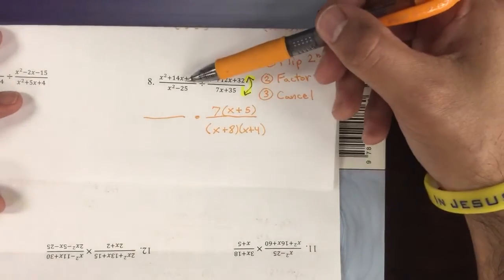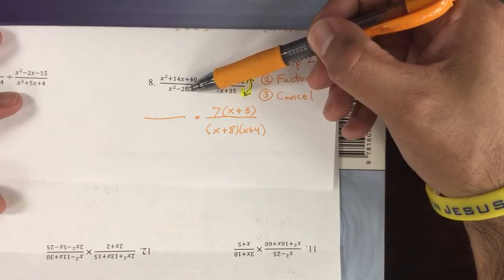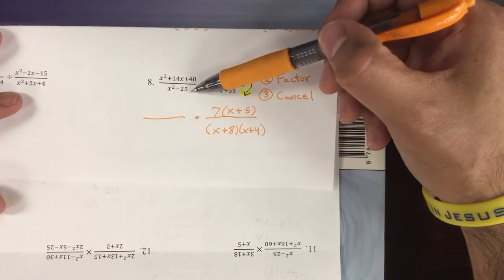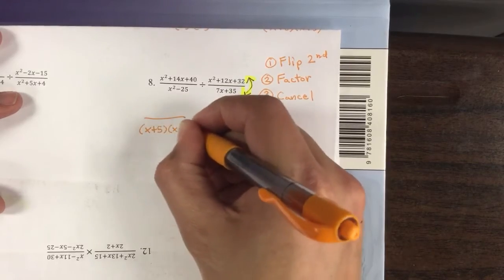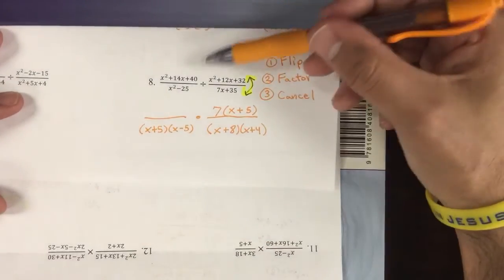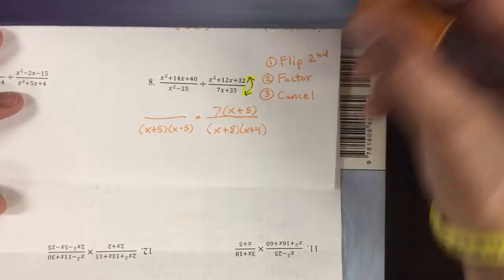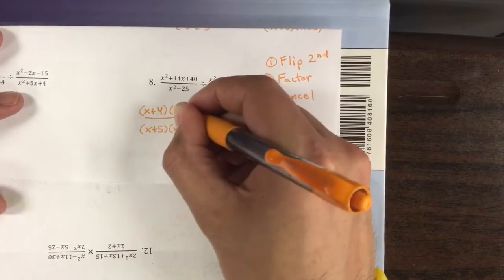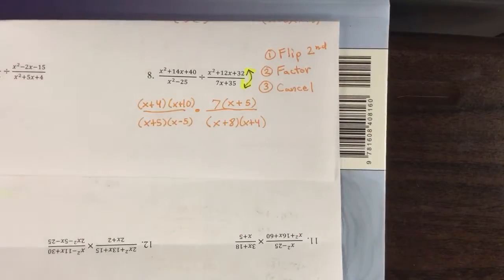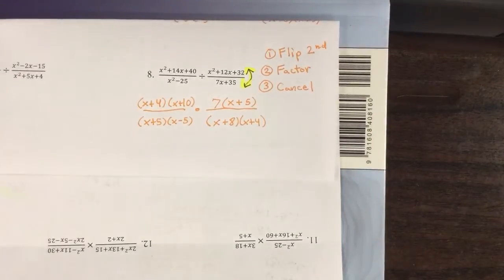Alright, so come over here. X squared minus 25. You can take the square root of both. So that factors into plus 5 minus 5. Okay, factors of 40 to give you 14. 10 and 4.